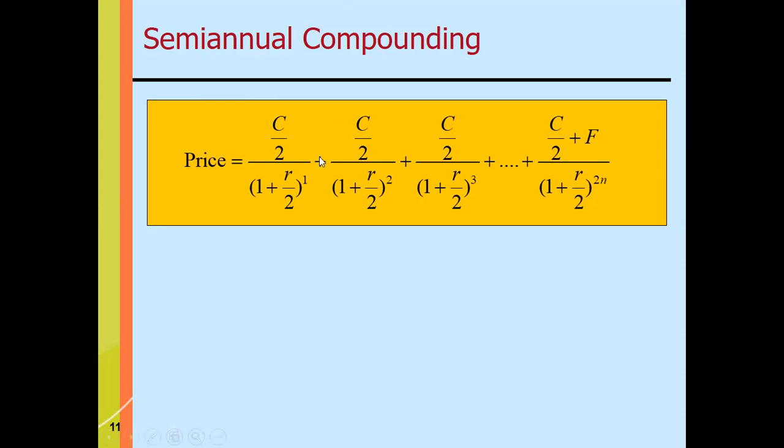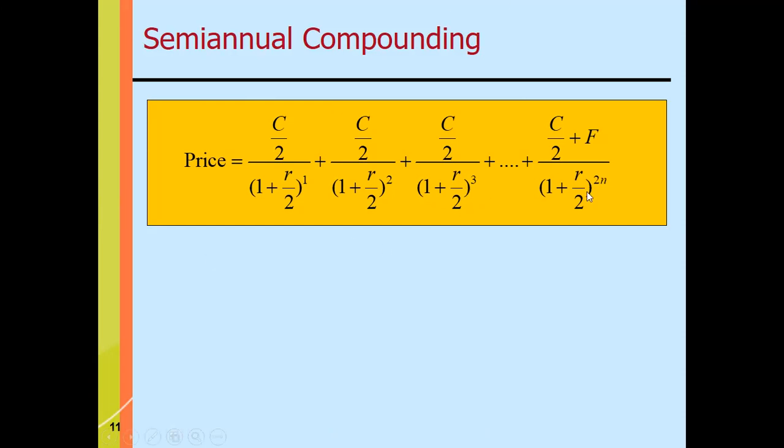If you multiply the face amount by 10%, you still have to divide this by 2. If, for example, you already divided the 10% by 2, that's 5%, so no need to divide by 2. That's also one thing that you should take note of.